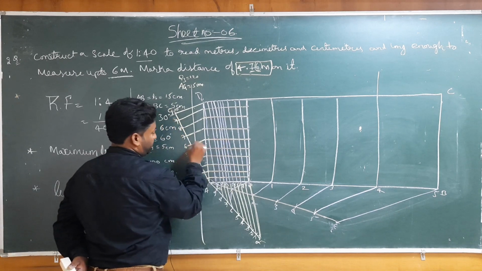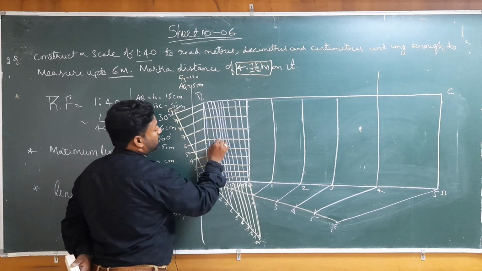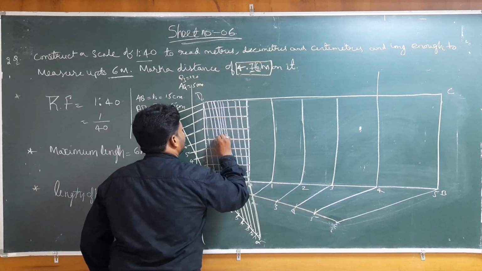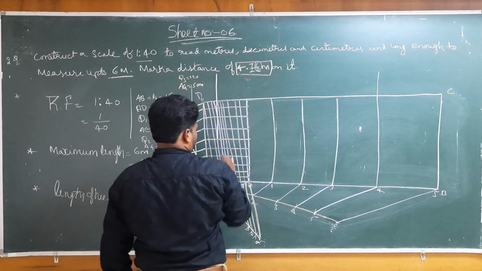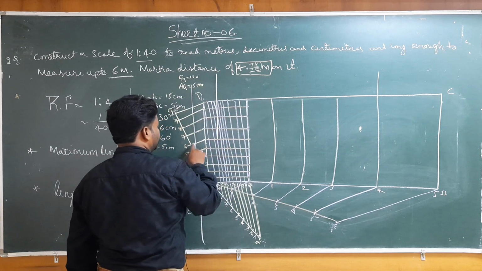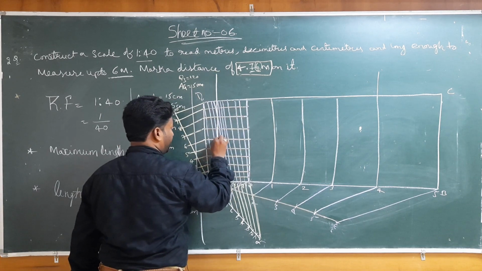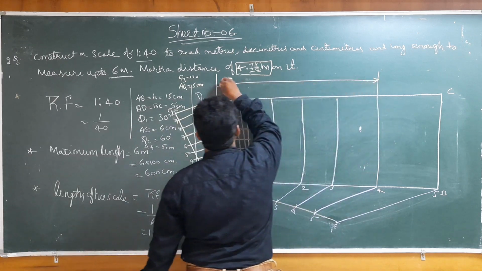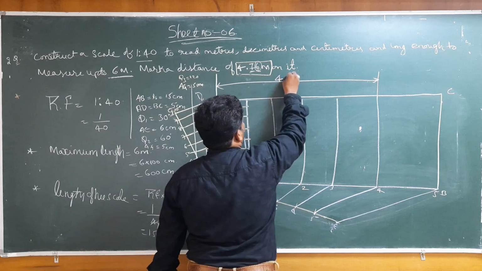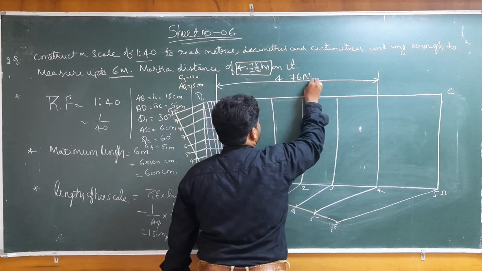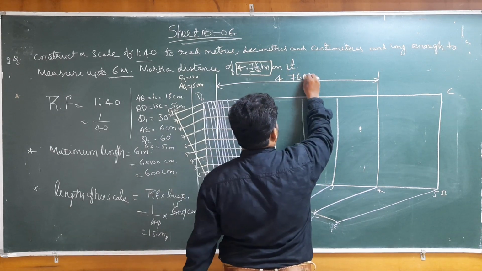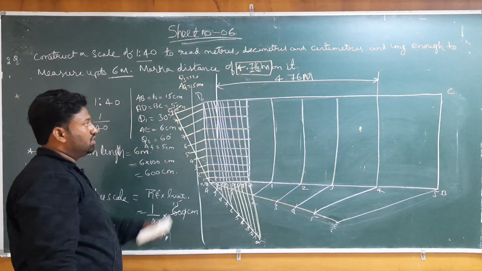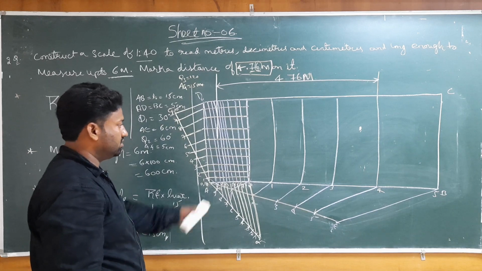This is the 6th point. You can see here 6. So we have to mark from this. On the 7th inclined line, which is passing through the 6th, this is our point 6, and this is the value 4.76 meters. So this is our problem. So by this we have completed the diagram.